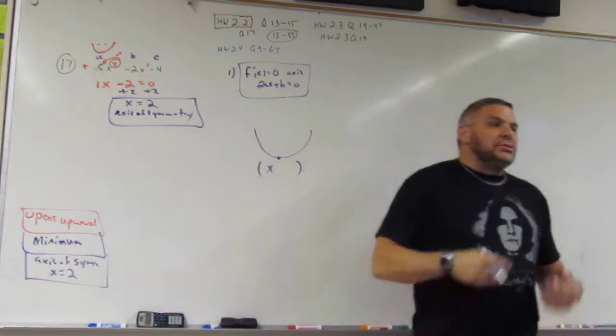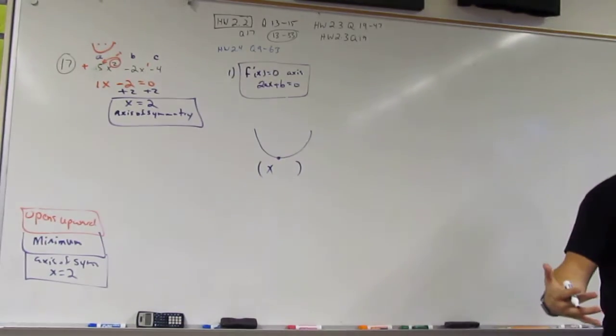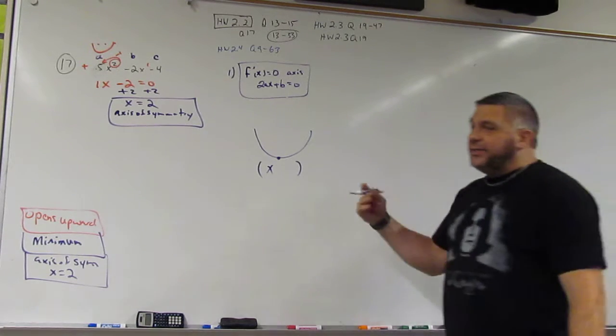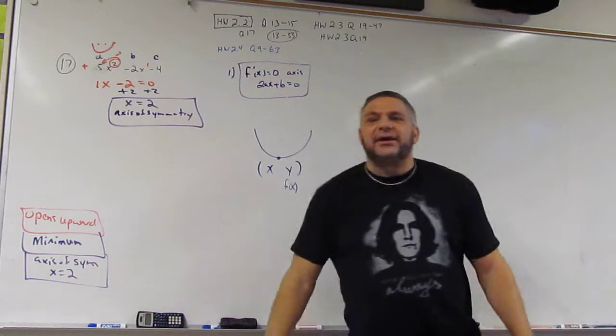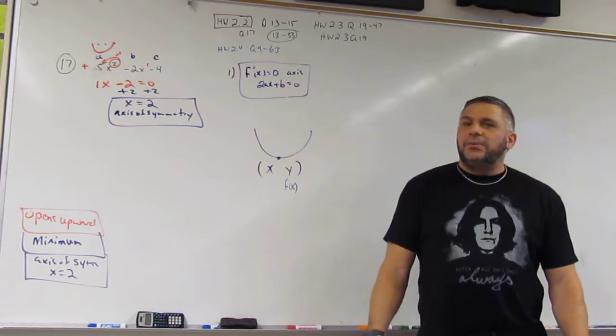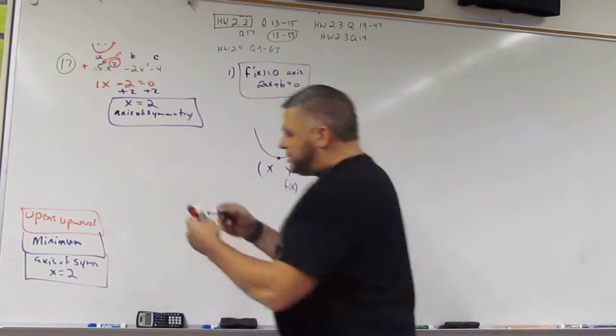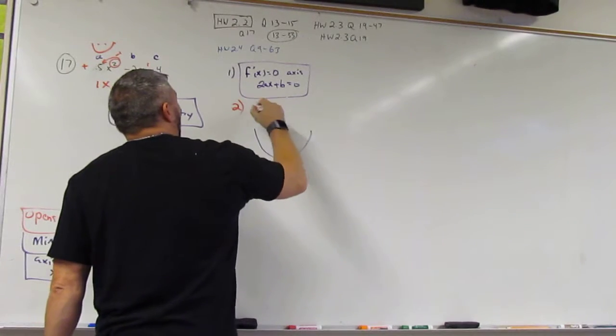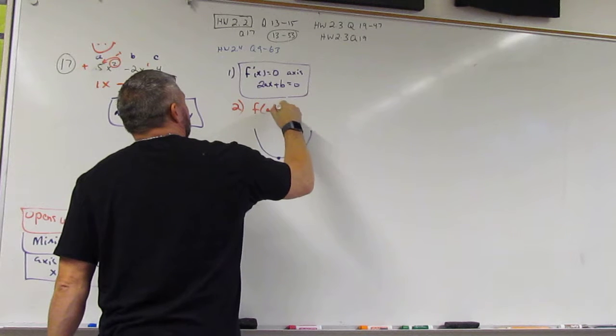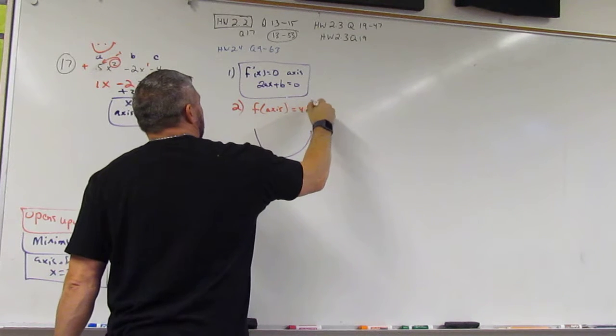So what we got to do is find the y, right? To find the y, do you remember y is f of x, right? So all we got to do is plug it in. So step 2, right, is f of the axis is equal to the vertex.